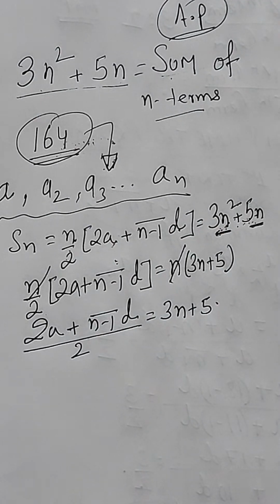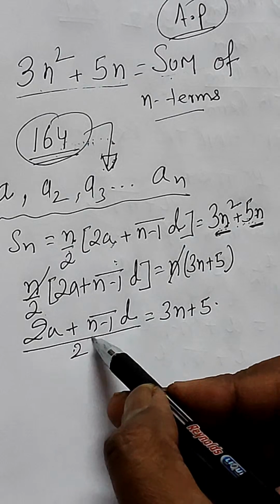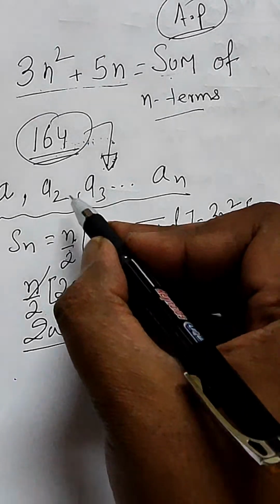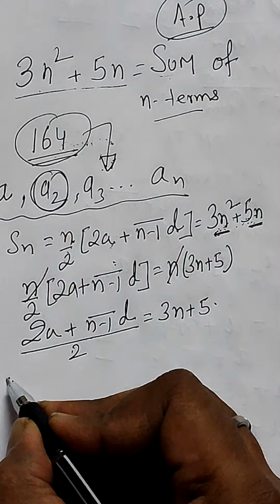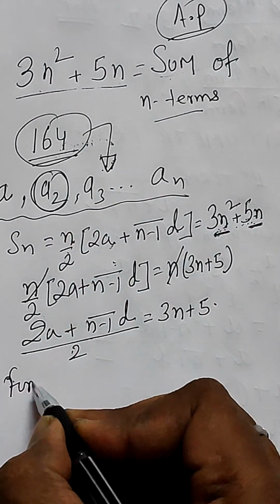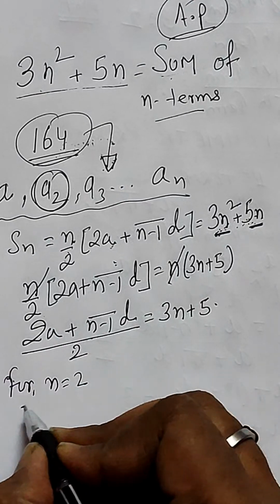Now, with this relation, let us consider the second term of the AP, A2, that is, n equal to 2.